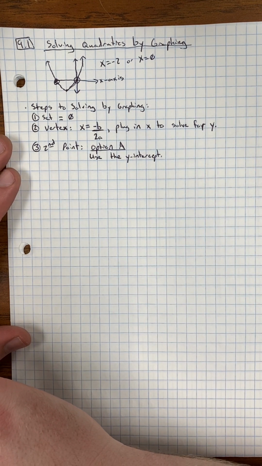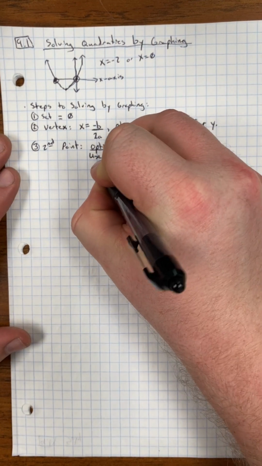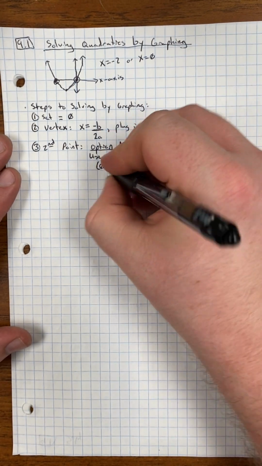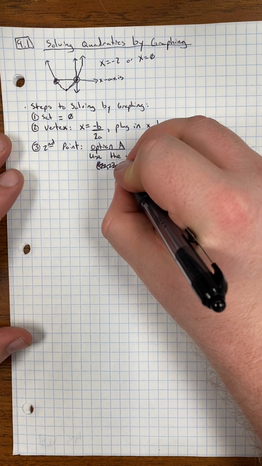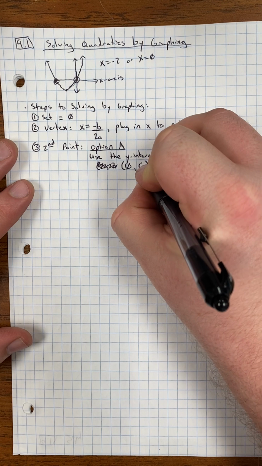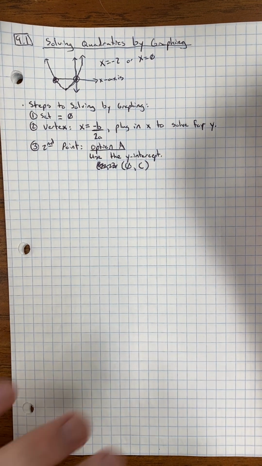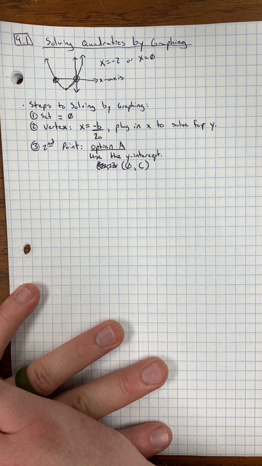Instead of trying to plug in something and solve for it, I actually know what my y-intercept is. And for a quadratic function, oops, not 3, my bad. Let's scratch that out. It's always going to be (0, c). In my head, I was saying c, but I wrote 3 for some reason. So here we have (0, c) as our y-intercept.